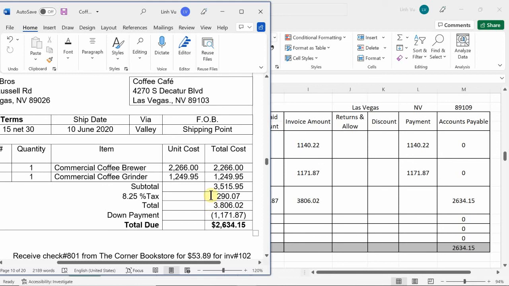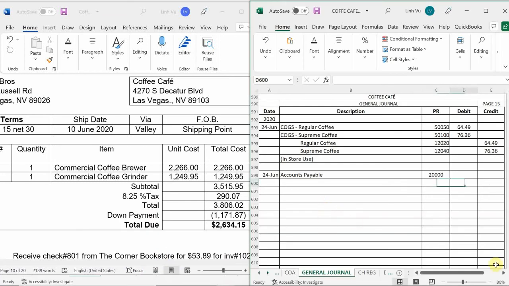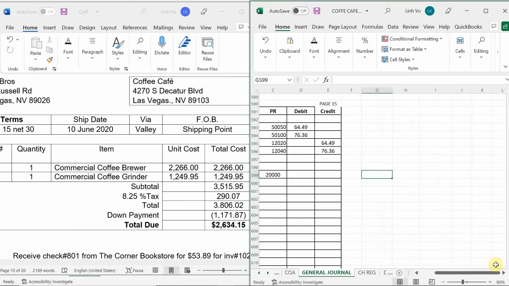Yeah, you can't discount tax. So that means we need to look at the $3,515.95. So we could take 1% of this $3,515.95. So in this case, let's do it in the journal. Okay? So what is 1% of 3,515.95?